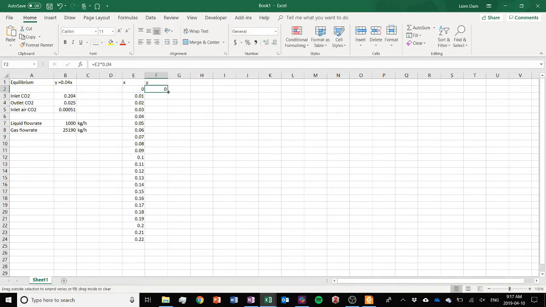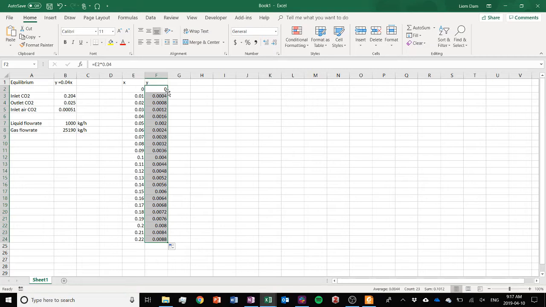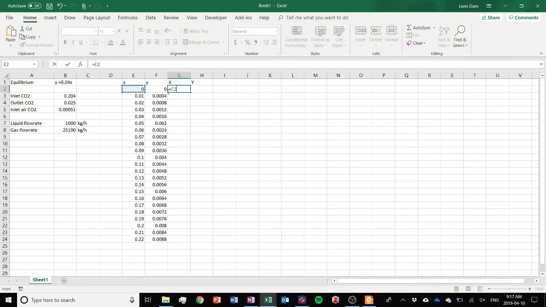And that's it. Now, like we said previously, this is a weight ratio problem, so we're going to have to convert this to ratios, capital X and capital Y, which is simply equal to X divided by 1 minus X.